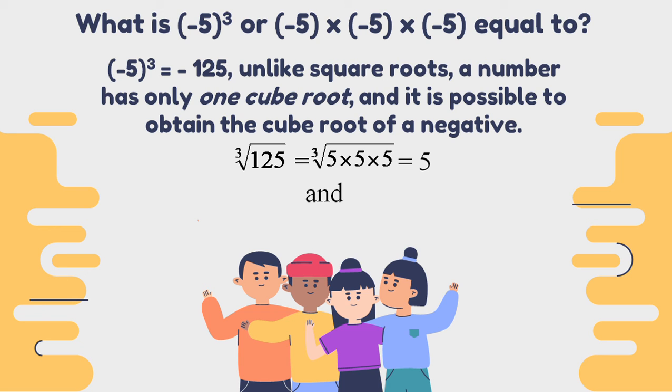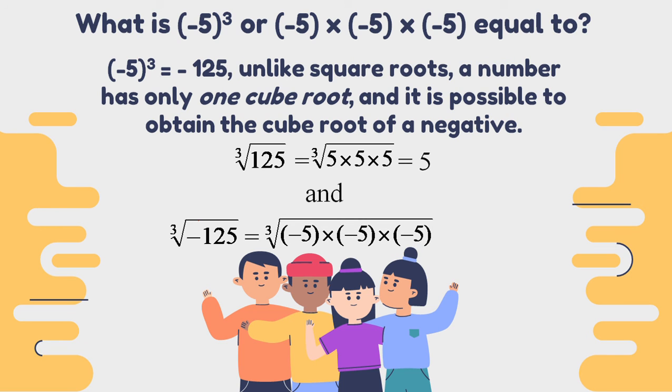And the cube root of negative 125, you can write as the cube root of negative 5 times negative 5 times negative 5, and it equals negative 5.